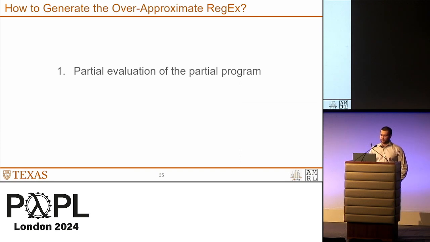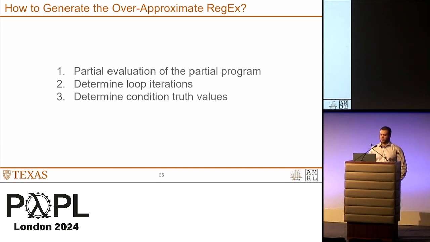Then, to transform the remainder of the partial program, we must determine the potential number of loop iterations and the set of potential condition block evaluations. The idea is that the more specific our over-approximate regex is, the more partial programs we can eliminate. You can find the details of this algorithm in our paper, but I will walk through now an example showing how certain loops in the program can be over-approximated using knowledge from the demonstration environment.